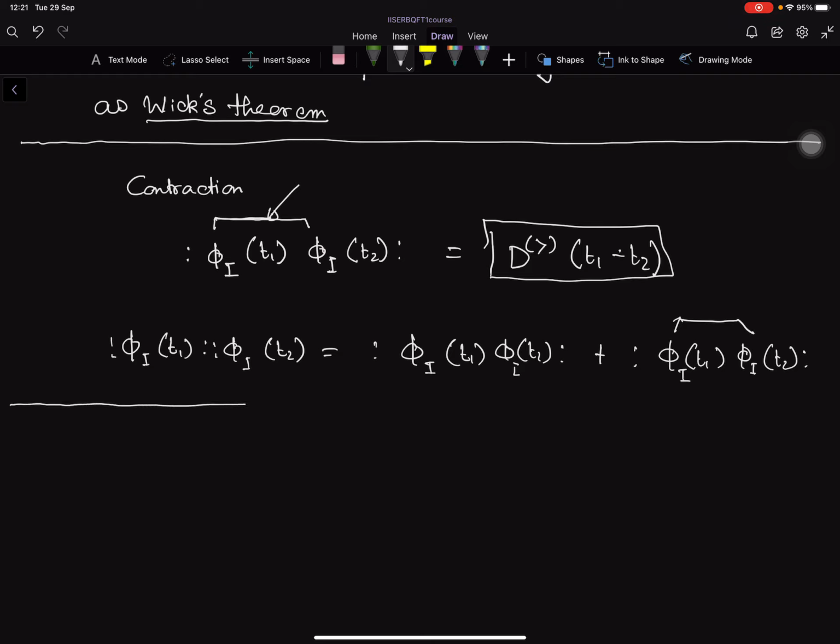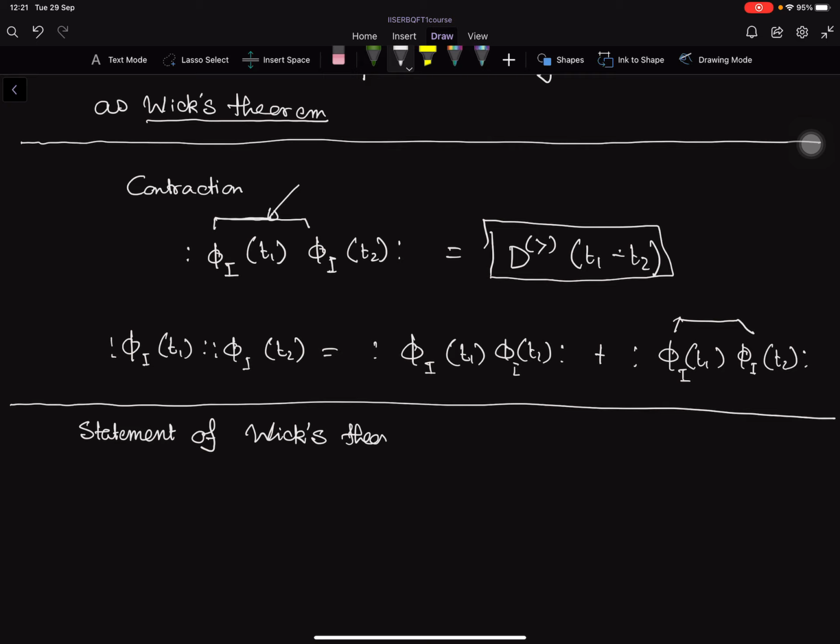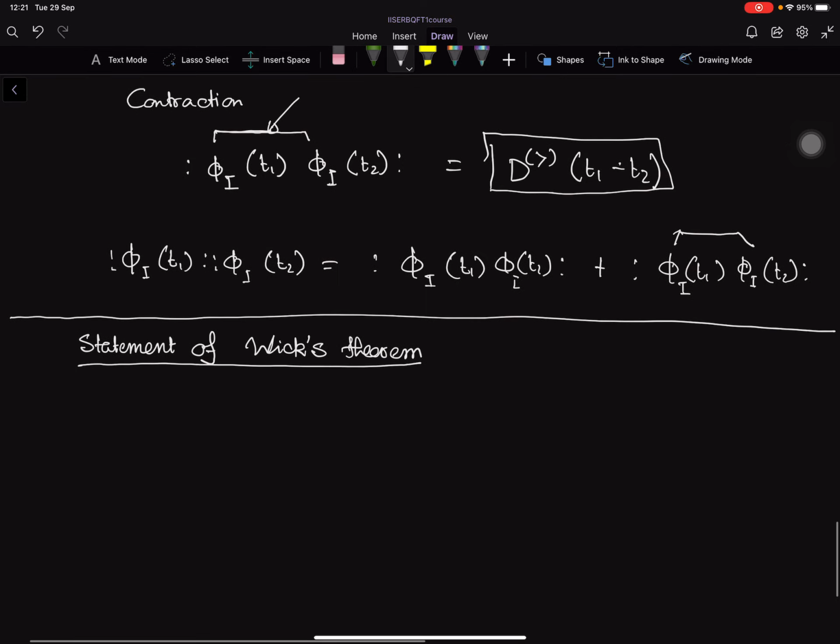Okay, now let's state Wick's theorem. So the statement of Wick's theorem is that, let's say you have a bunch of operators, phi I t1, phi I t2, phi I t3, dot dot dot phi I tn.